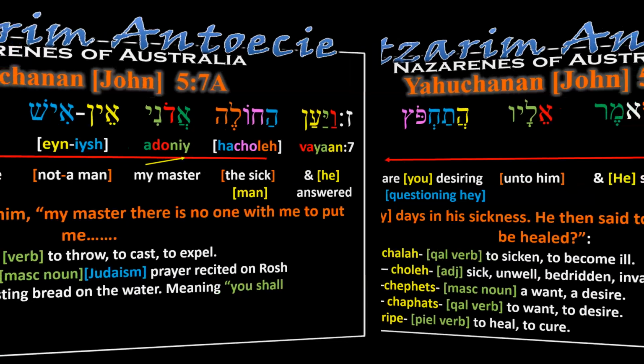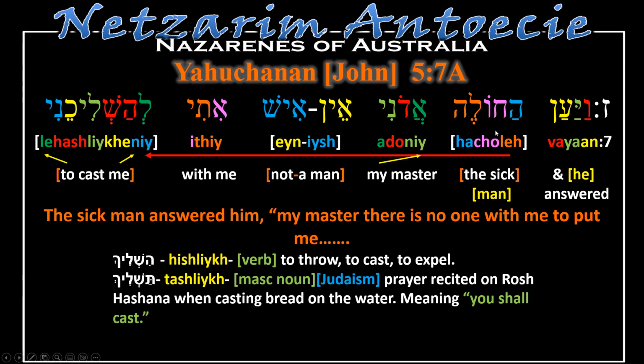And so we come to now 7a. And we see it's represented with a zayin, which is the 7th letter of the alphabet. And then we go through the letters. Vav, yod, ayin, nun sofit, that means nun at the end of a word. The normal nun looks like that, but nun sofit looks like that.